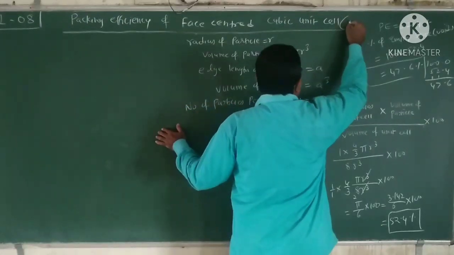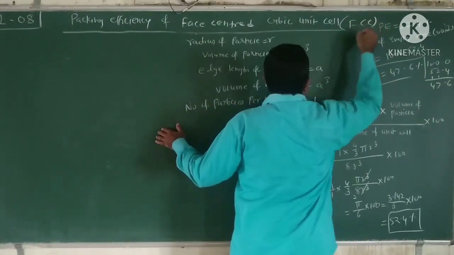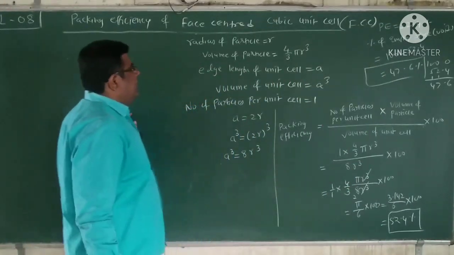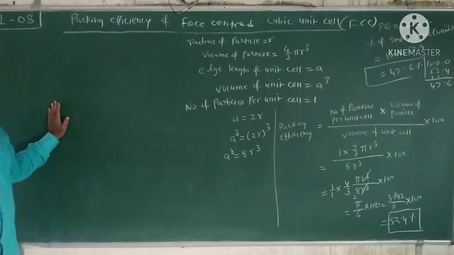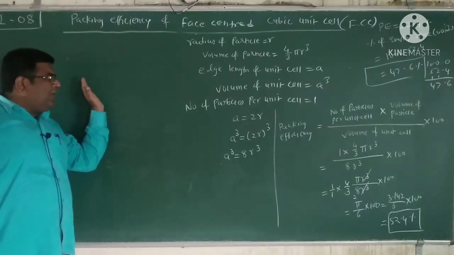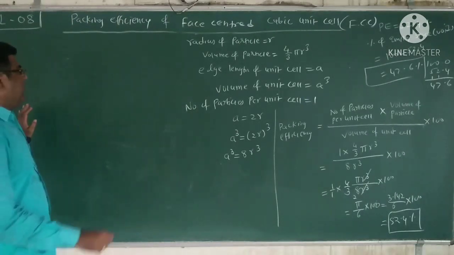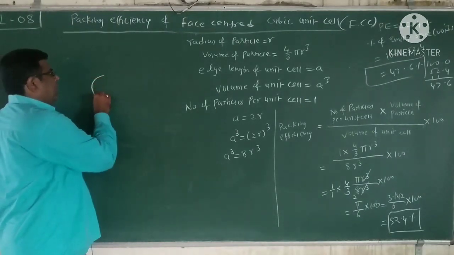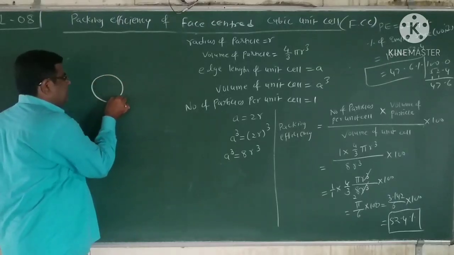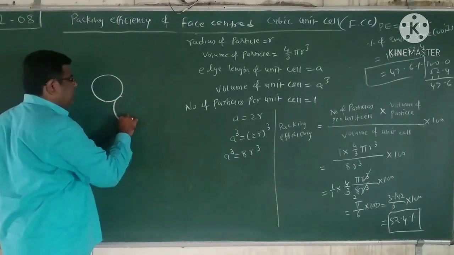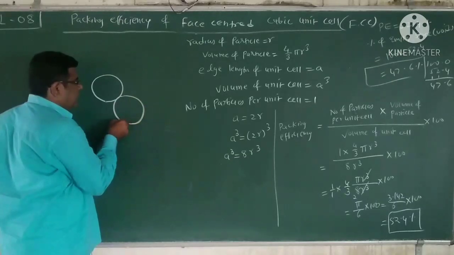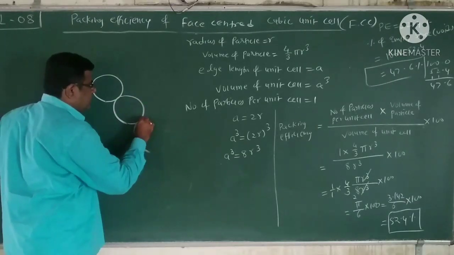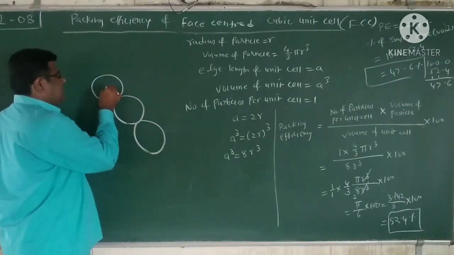This is called FCC, like this. Now I have to draw the diagram. And when we draw a diagram, see what type of diagram we have to draw. We draw spheres like this one. Like this.